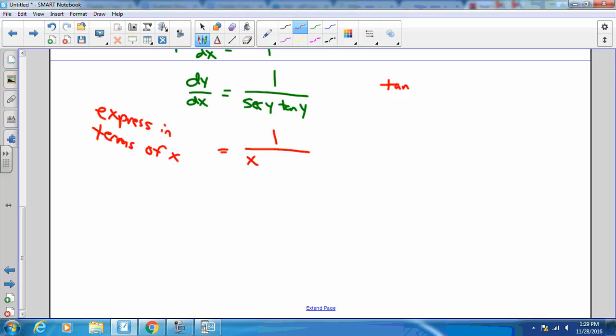What about the tan y? I'm going to remember the Pythagorean identity, tan squared plus 1 is equal to secant squared. And I'm going to solve for the tangent.